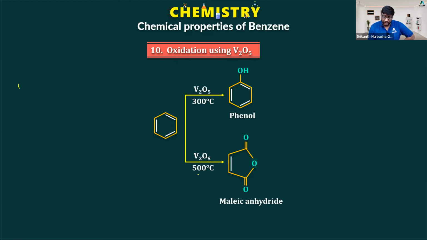Benzene treated with V2O5 at 500 degrees Celsius gives maleic anhydride. All of you note down, mechanism is not required for this reaction. You have to remember it.